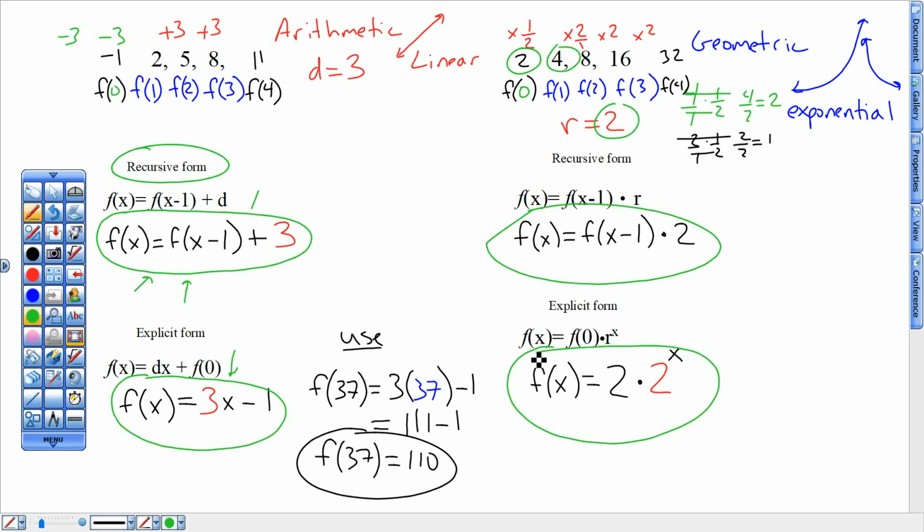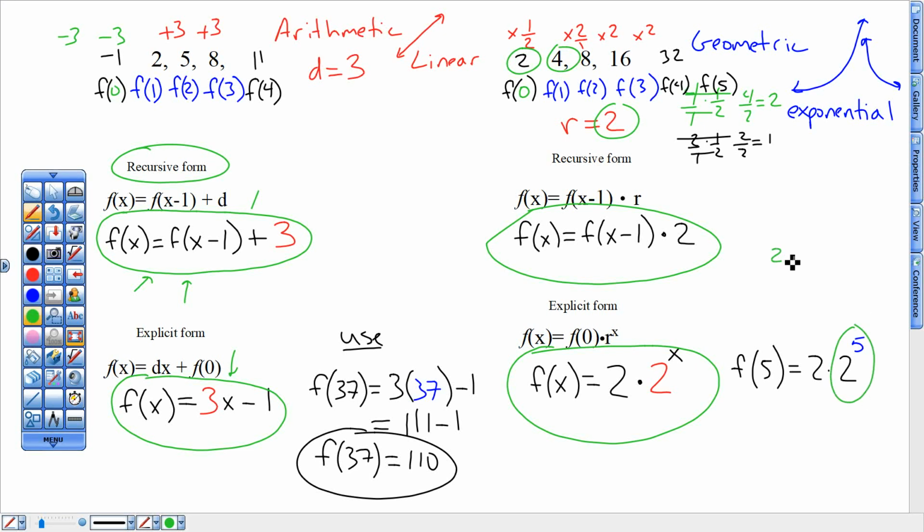If I had you jump ahead in the sequence, maybe let's just go to the 5th one here. If I go to the 5th term, plug in 5 here, where I put that X number, I put in the exponential spot right here. And that means by definition, or by rule, do this exponent first before you multiply that last 2, technically.